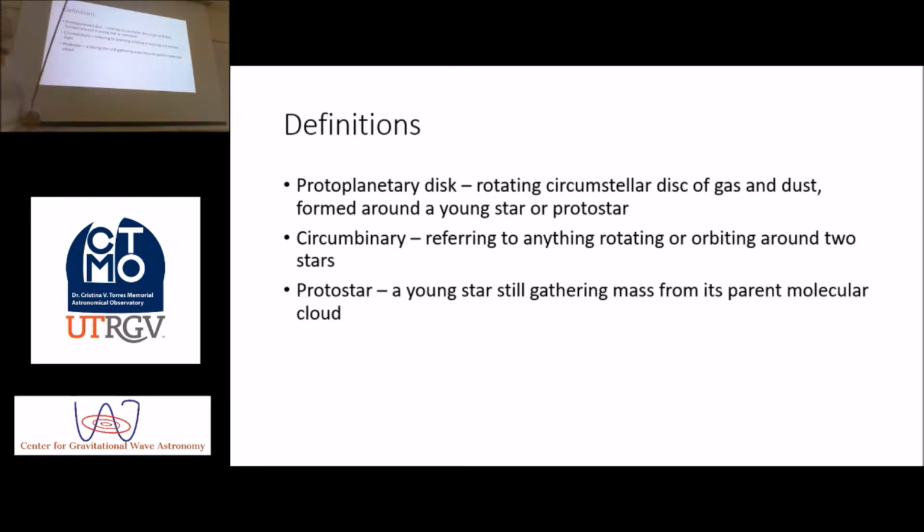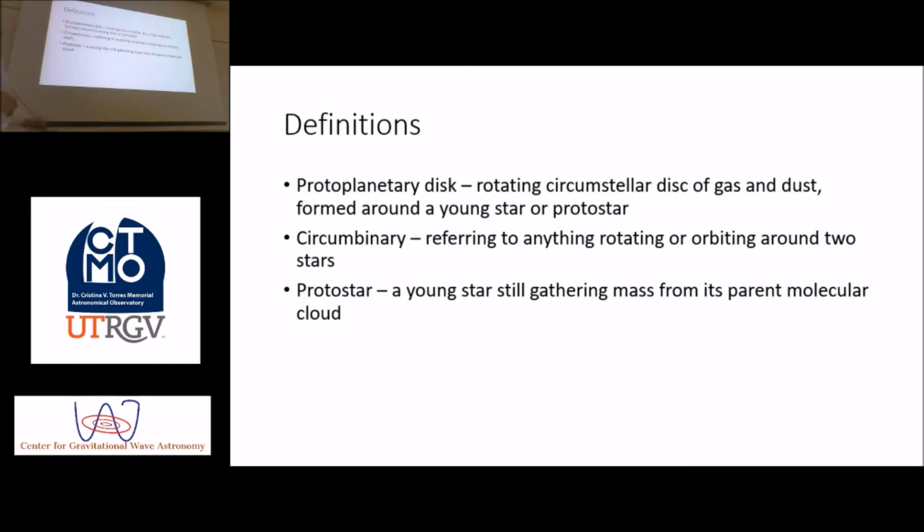So we start with definitions. The first thing I had to do was Google what protoplanetary disk meant, because it was in one of the subtitles, and I didn't know what it meant. So a protoplanetary disk is a rotating circumstellar disk of gas and dust formed around a young star or protostar. For those of you who maybe don't know, circumstellar means it's orbiting around a star.